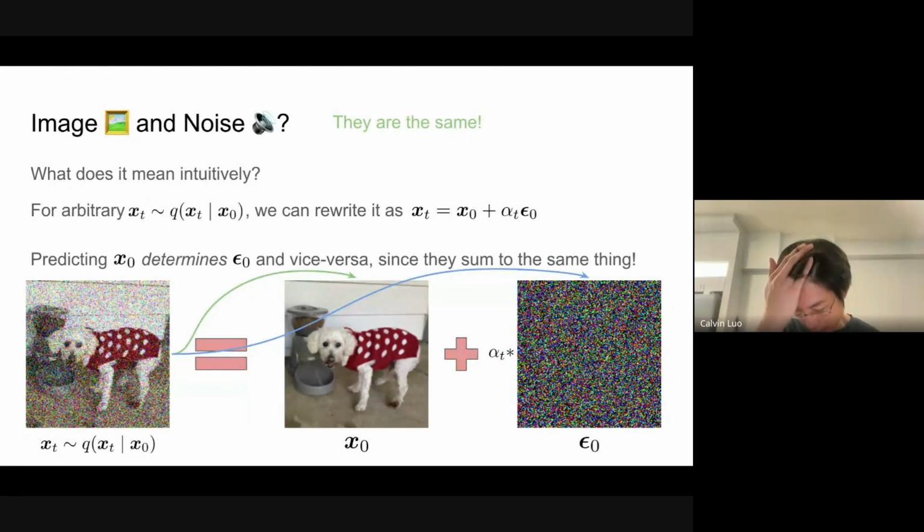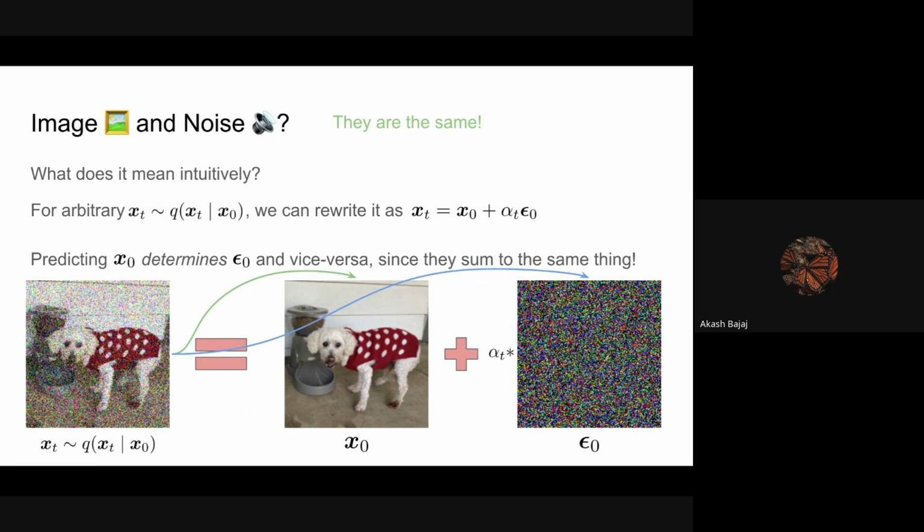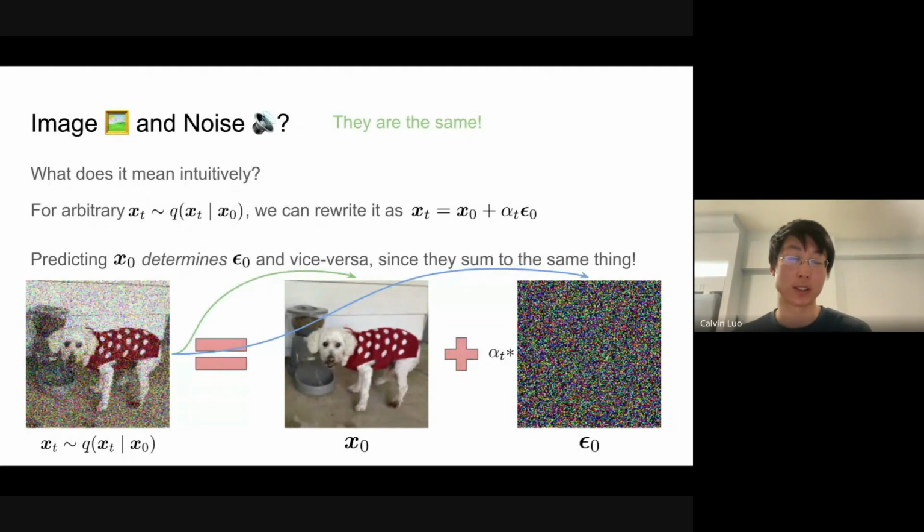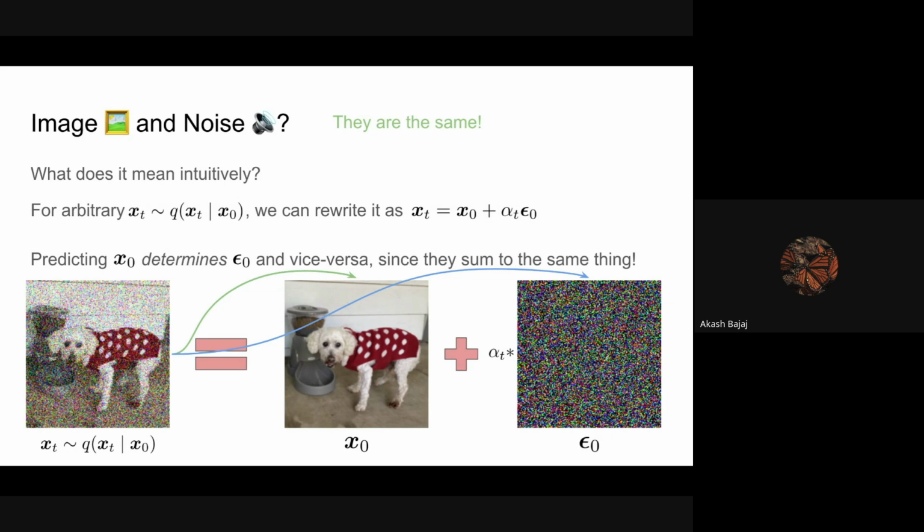So I guess what I'm saying is that making a prediction of x0 or epsilon 0 doesn't depend on t, but we would always need to pass in t because that tells the model how to make a prediction. What it makes a prediction of, x0 or epsilon 0, is interchangeable as we show here. Yeah, makes sense. Thanks.